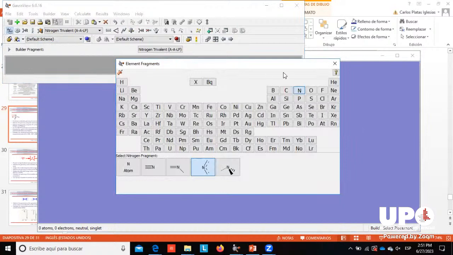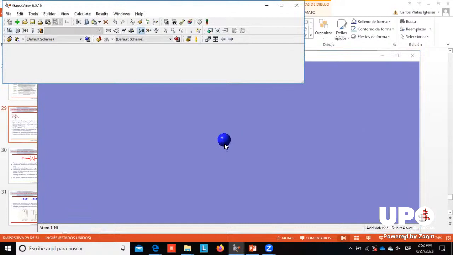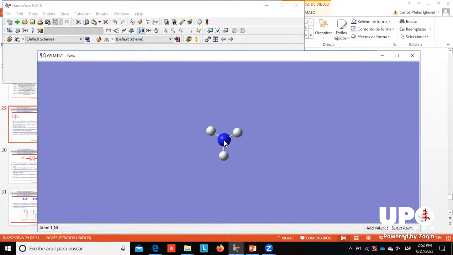You select a nitrogen atom, click, and then with this tool here, which adds hydrogens, we click 1, 2, 3, and we have something trigonal planar, right? Otherwise, we could manipulate also the angles and the dihedral angles, but this is a very easy way to get something trigonal planar.